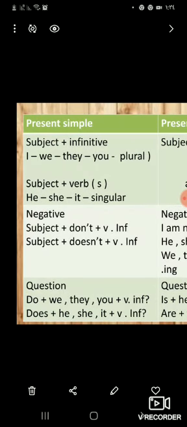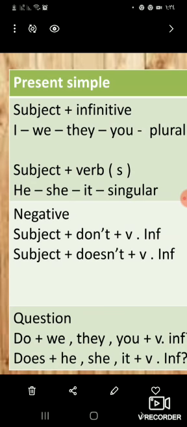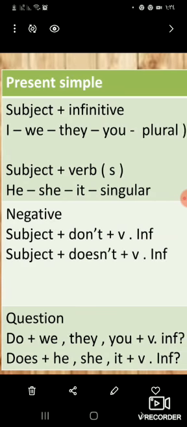We use the verb with s at the end with the subjects he, she, it, and singular nouns. What about the negative? We use the subject plus don't and then the verb in the bare infinitive. Of course, we use I don't, we don't, they don't, you don't, and plural noun with don't. Then we put the verb in the bare infinitive.